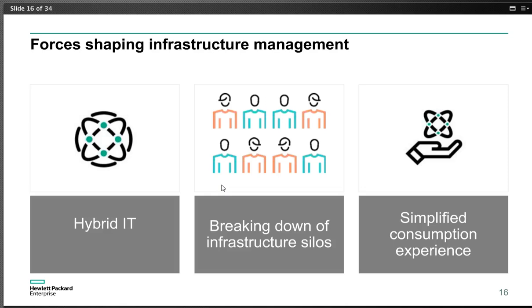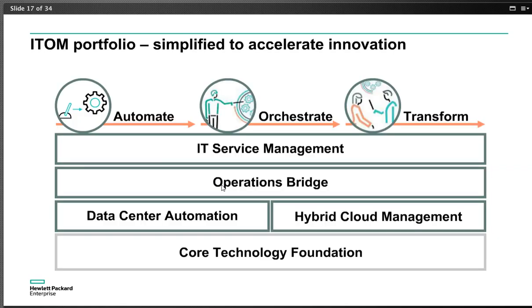And this is what shaped for us our broader IT operations management portfolio, and within that, data center automation solution. So just a word of introduction on the simplification that we are driving across IT operations management.